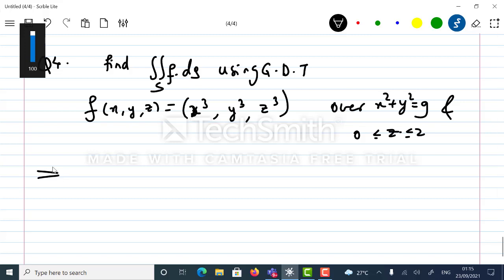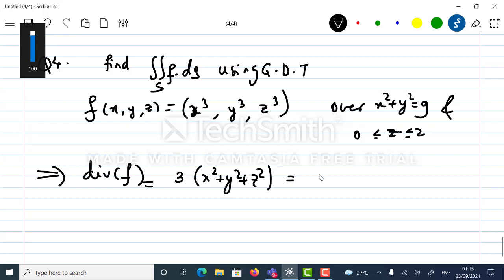So one needs to find the divergence of F. It is 3x² plus 3y² plus 3z². So 3 times (x² + y² + z²). But 3 times x² + y² is r², and then z².